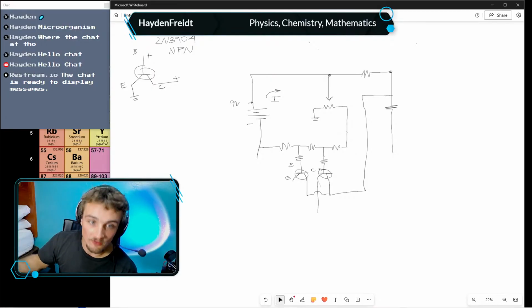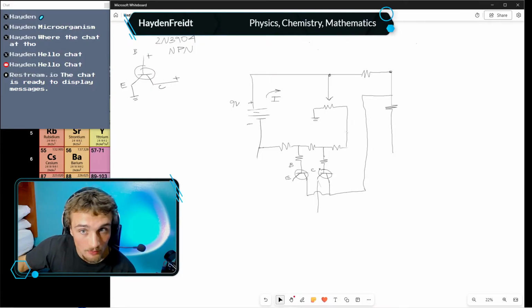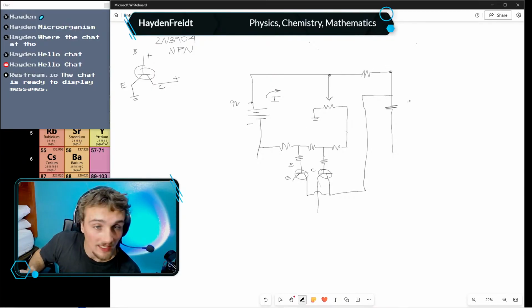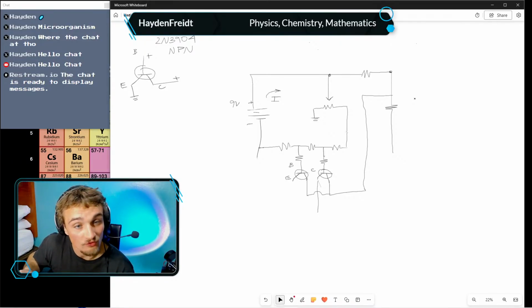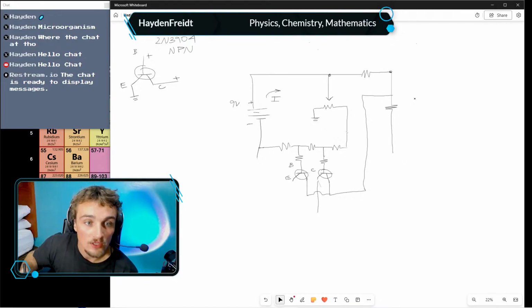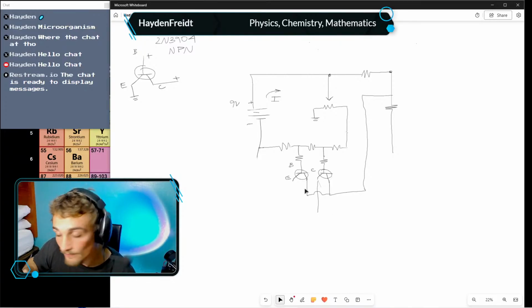We have to make sure that we don't only have 20 milliamps running in this junction, but at least 40 milliamps, so that each LED has the opportunity to receive 20 milliamps.